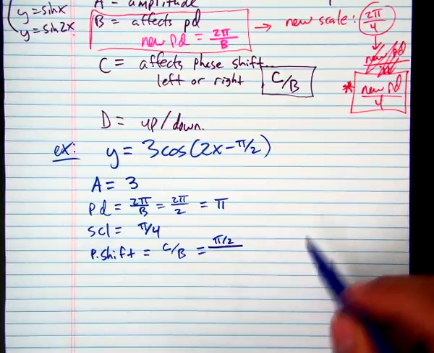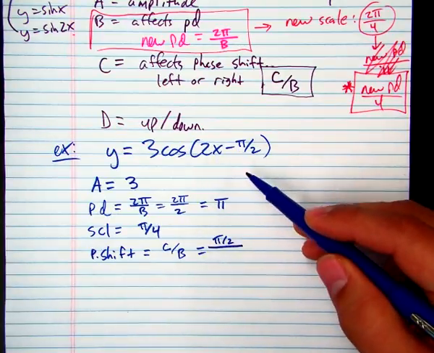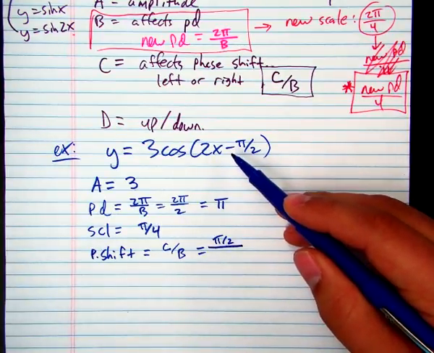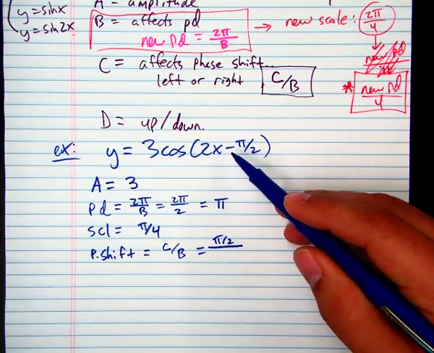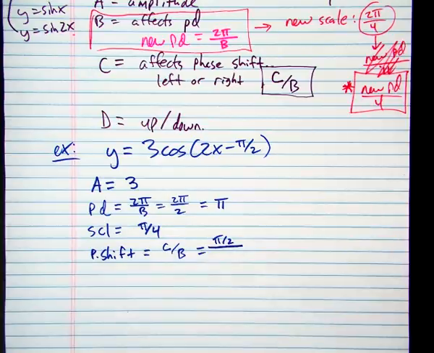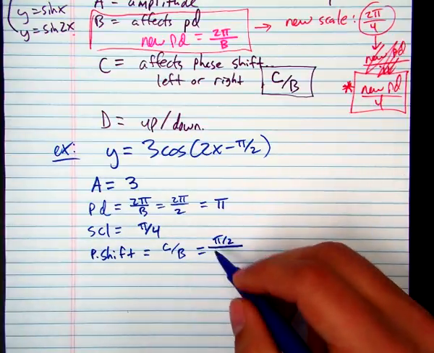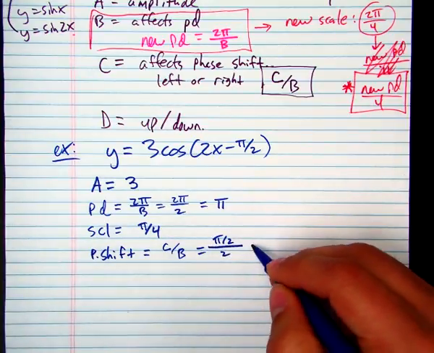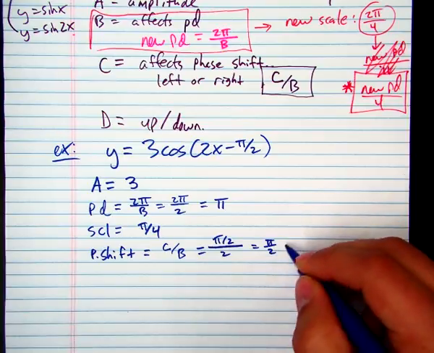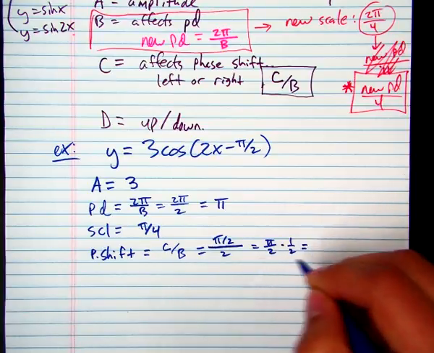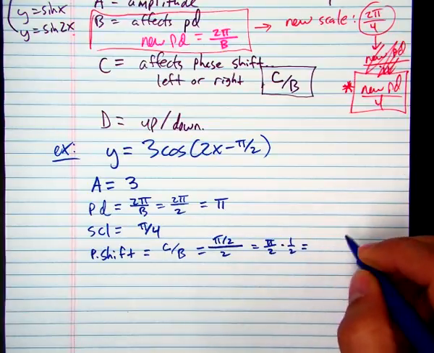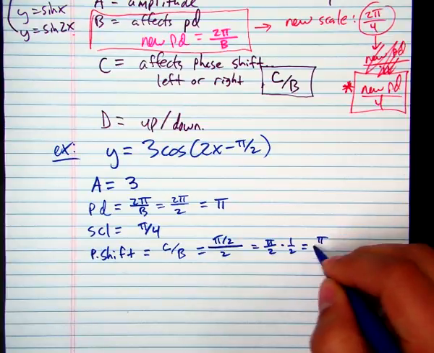I'm not going to write negatives at all when I do this. I just know, and you should know, which direction is this going to move it? To the right. Okay, so after we figure it out, pi over 2 is the same as pi over 2 times 1/2 if you need to figure it out. So what is the phase shift? Pi over 4, which direction?